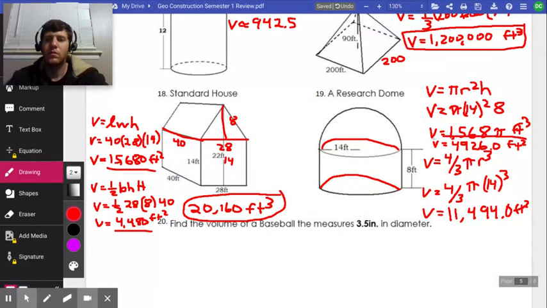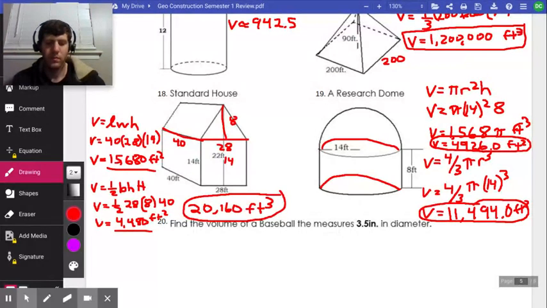Right, so I'm going to take those two numbers and add them together. 11,494.0 plus 4,926.0 gives us a grand total of 16,420.0 feet cubed.